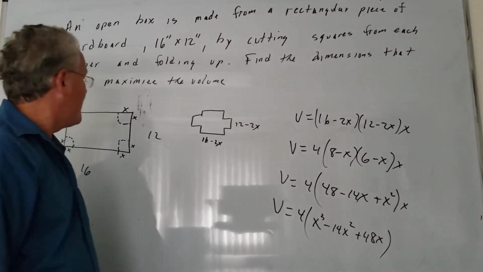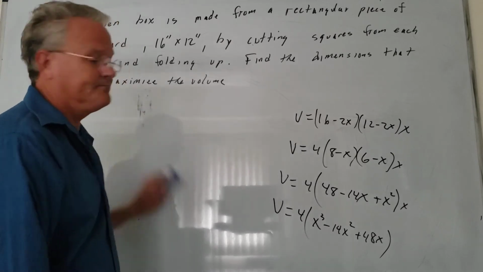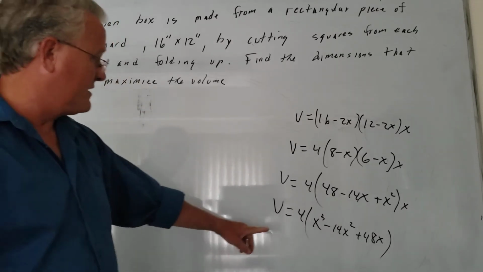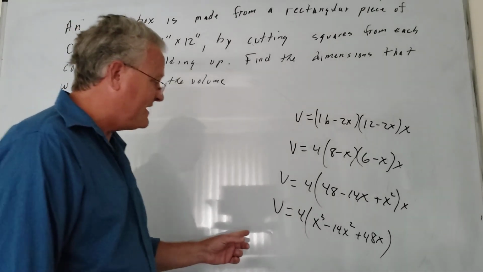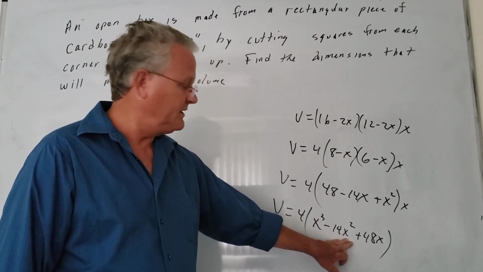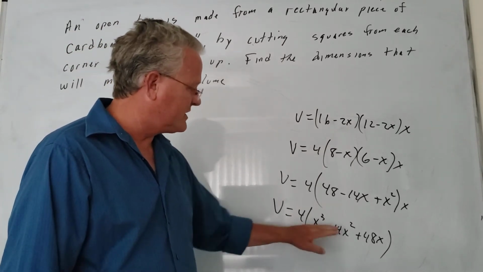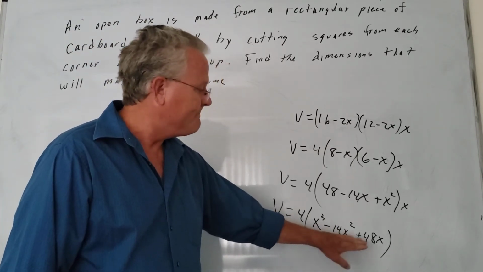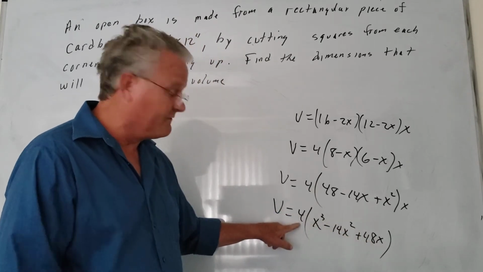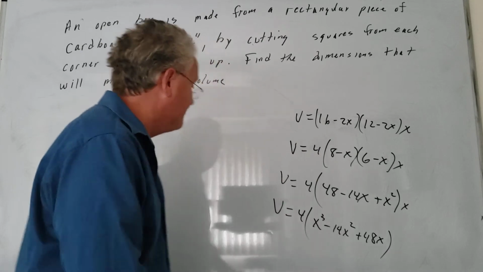Okay, so now I'm going to erase this. And now what we want to do is take the derivative. When we take the derivative, all we've got to really do is take the derivative of this quantity, because we don't need to worry about the 4. The product rule, the first times the derivative of the second plus the second times the derivative of the first, that's going to be 0 for the constant.